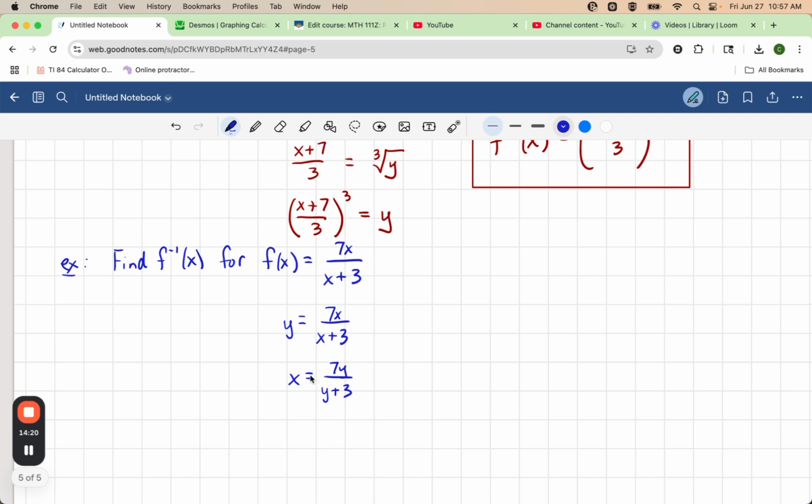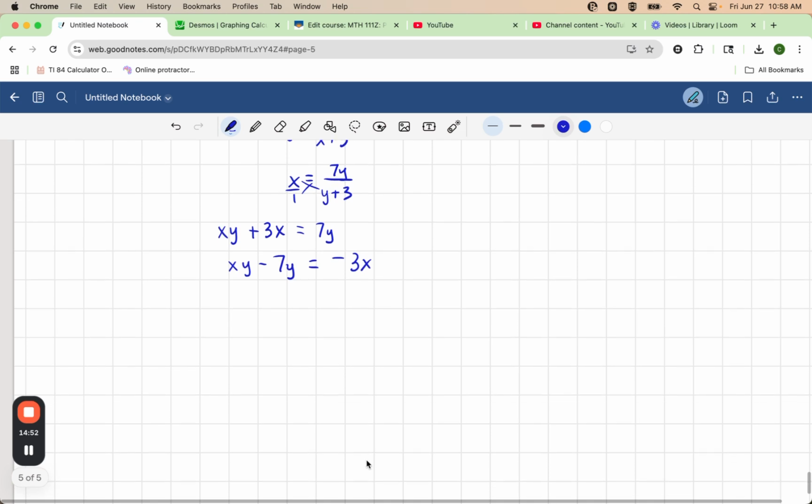Well, this one's got a fraction. The easiest way to clear fractions, if you can, is to cross multiply. So if I cross multiply here, x times (y plus 3) is going to be xy plus 3x. I'll distribute, and then 1 times 7y is 7y. Now I'm trying to get y by itself, so I should get all the stuff with y's on the same side. So let's subtract 7y, and then get all the stuff without the y's on the other side, so I'm going to subtract 3x.